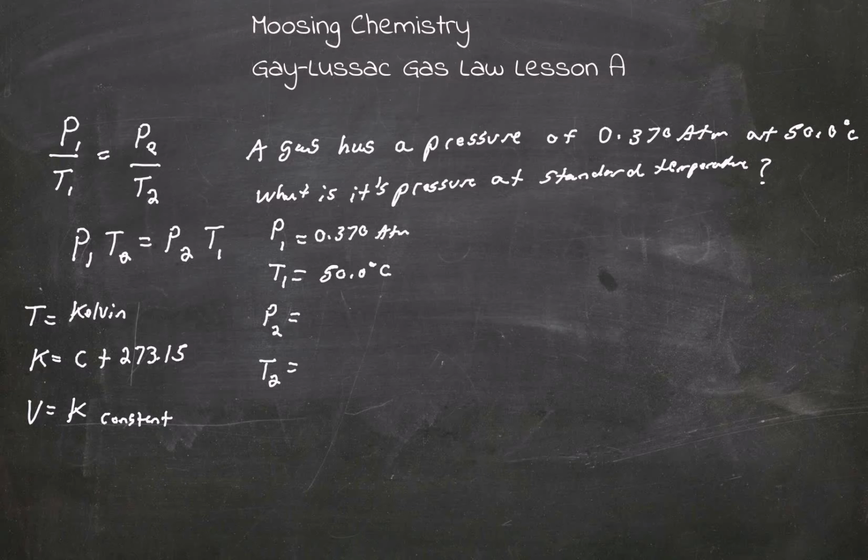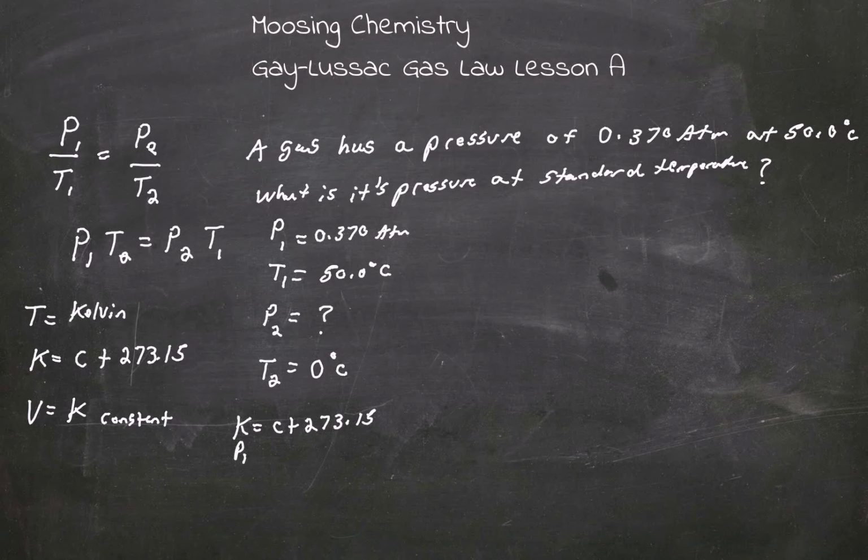Our second pressure is what we're looking for. Standard temperature is 0 degrees Celsius. So that means we've got to do some conversion here. We've got to convert 50 and 0 to Kelvin. Let's do the first one. K equals C plus 273.15.